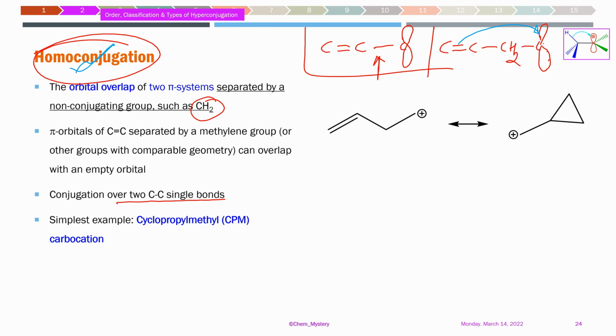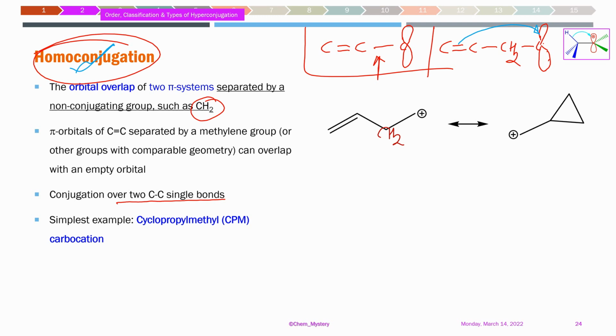By kinetically favored, we imply that there is one empty orbital on the right carbon where the positive charge was earlier. If this electron density can be shared from here to there, then this orbital and that one are quite close. So closing that orbital and forming a three-membered ring is quite probable, and this does happen.